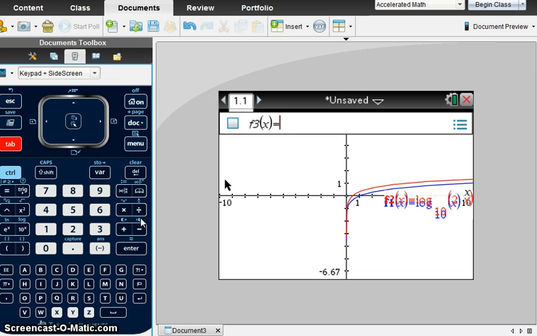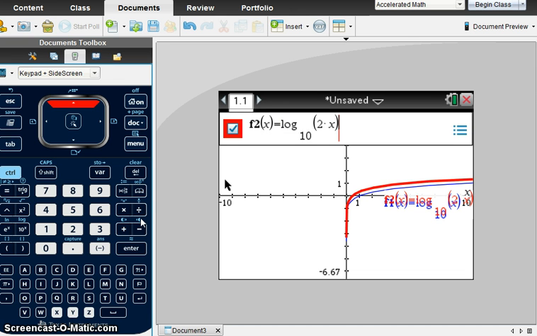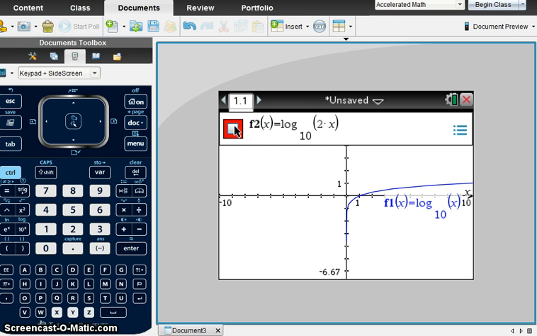All right, so let's get rid of that and go back to the original parent function. There's our original parent function. What if we want to do a reflection? Well, that's simple enough. If we want to reflect it over the x-axis, we need to make the whole logarithm become negative.